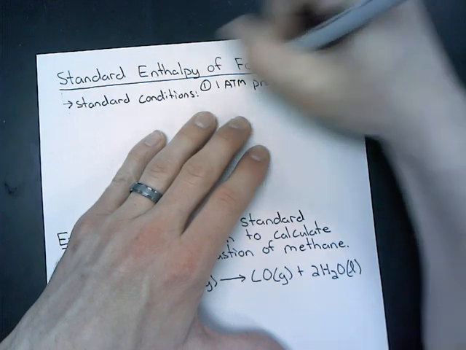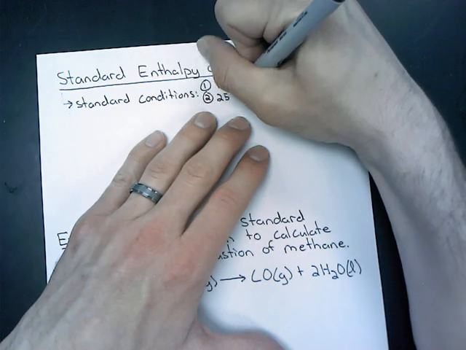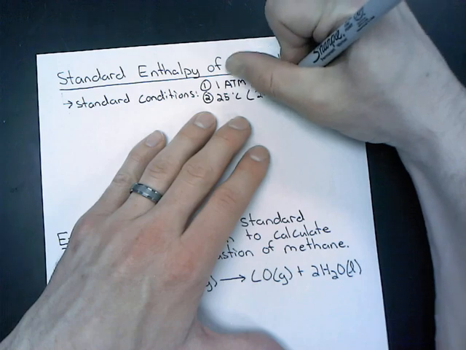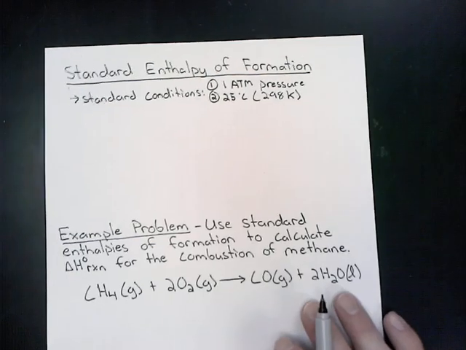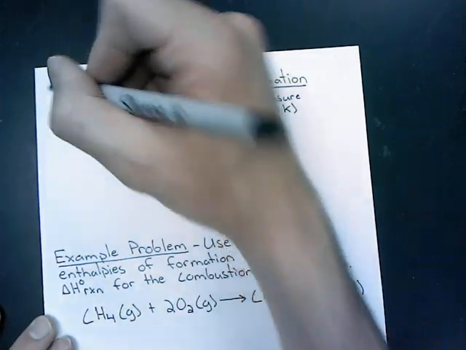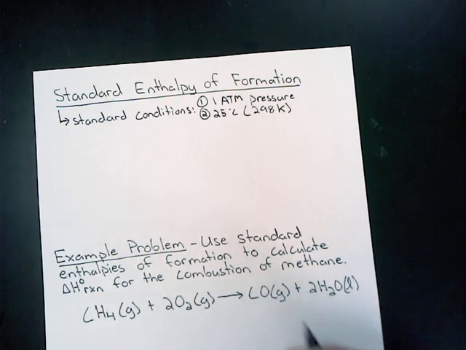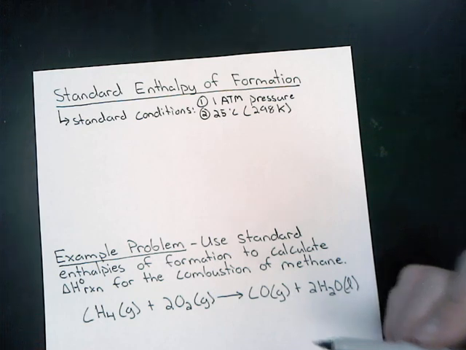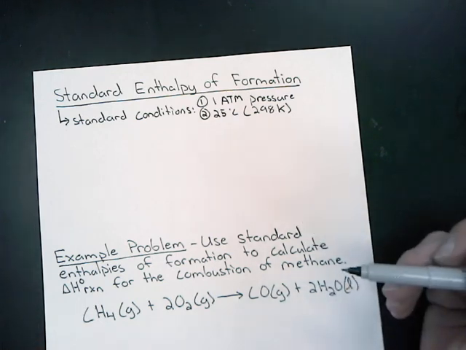And then number two, we are at 25 degrees Celsius. Or if we're working with Kelvin, this is 298 Kelvin. The other thing that is true with our standard enthalpy of formation is this. This is forming one particular mole of a compound.